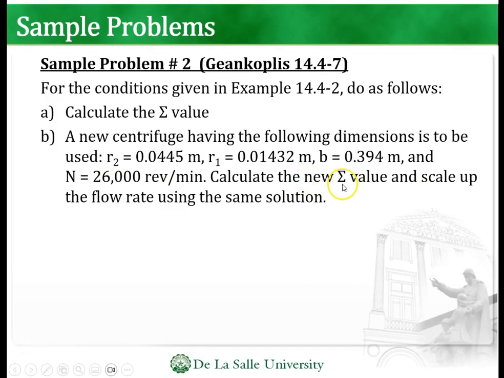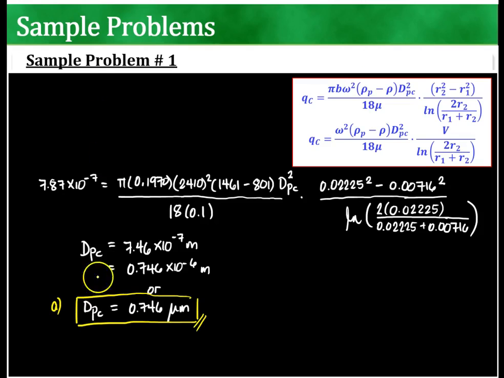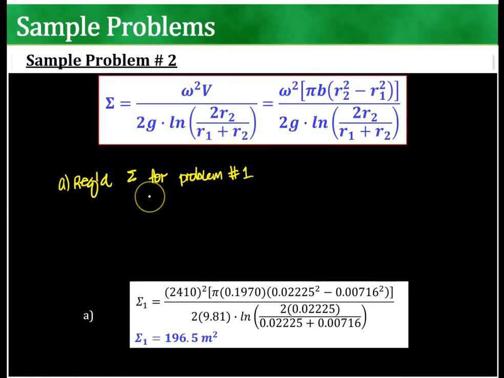You're asked to calculate the new sigma value for this one and then the scale-up flow rate. So what will be the flow rate compared to the first one that we had? In this case, using the formula for sigma, what's being asked here? Letter A, calculate the sigma value, the required sigma value for problem number 1. So you're given the dimensions here. Let's just apply them.